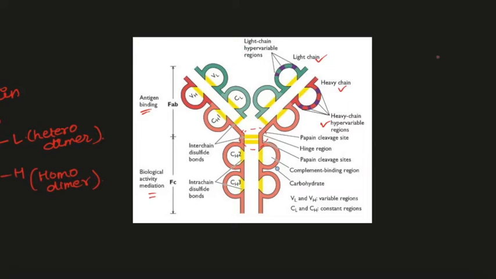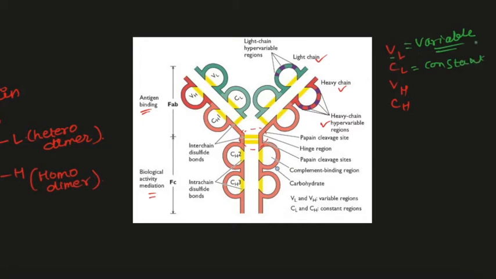And now here there is another type of classification. So here VL, CL, VH, CH, such types of nomenclatures are there. V stands for variable. Now why it is called variable and why C is called constant, we will see.